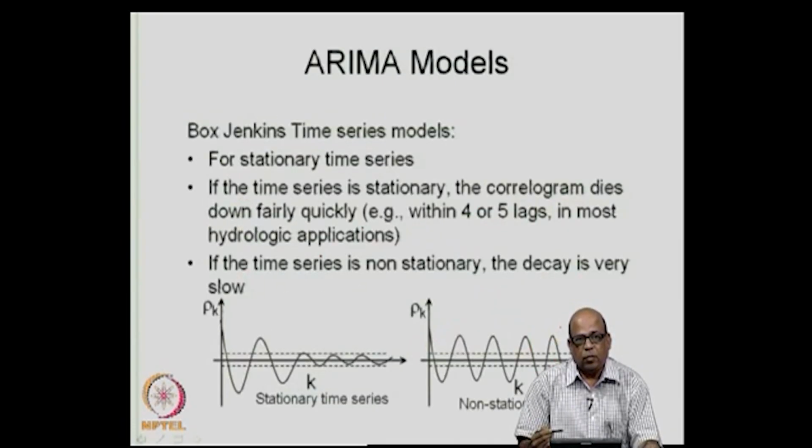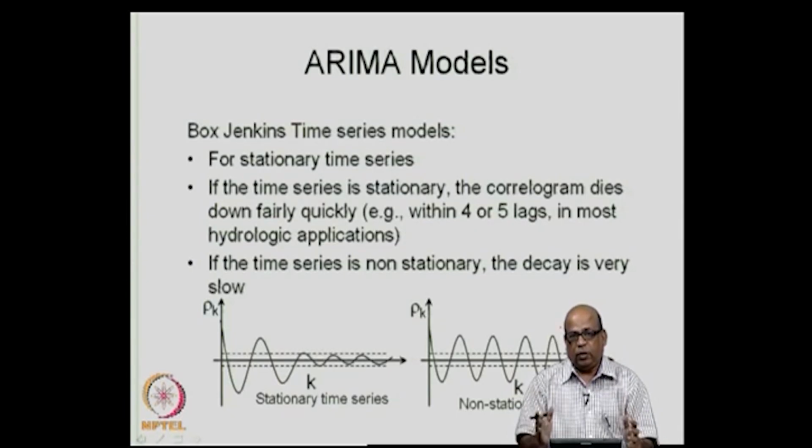Now, we will see how we use the information on the partial autocorrelation. So, we have the information on the correlogram, we also have the information of the spectral density. Now, we have added one more information, which is that provided by the partial autocorrelation.